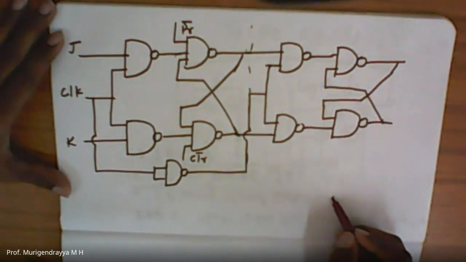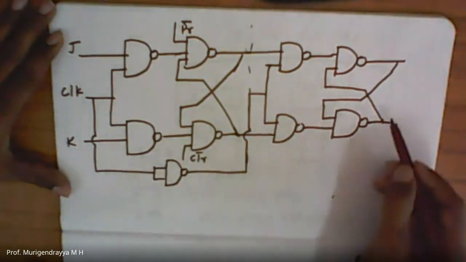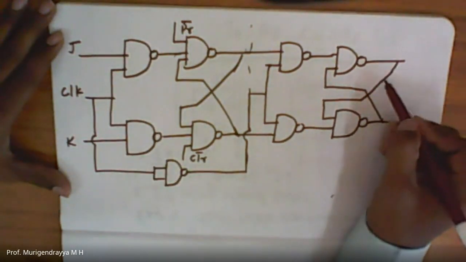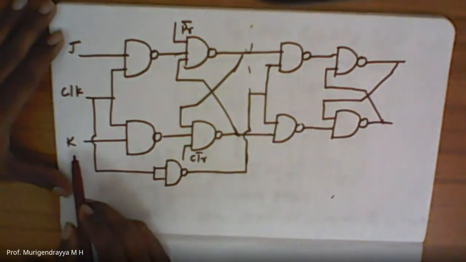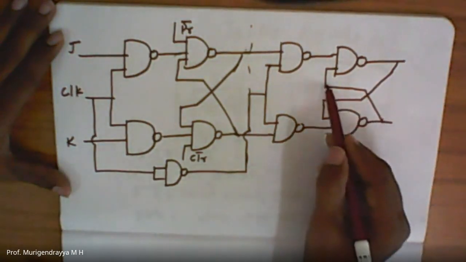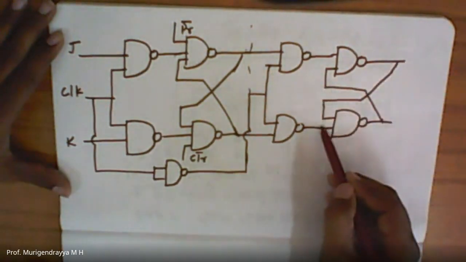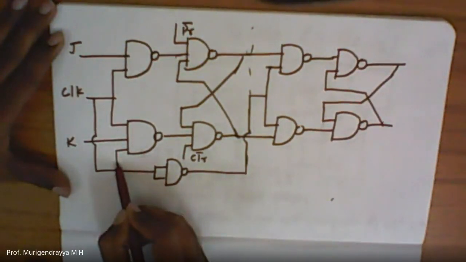To work around the race around condition, the Q output should be given as an input along with the K input. The Q is here, this Q is ANDed with the K input.